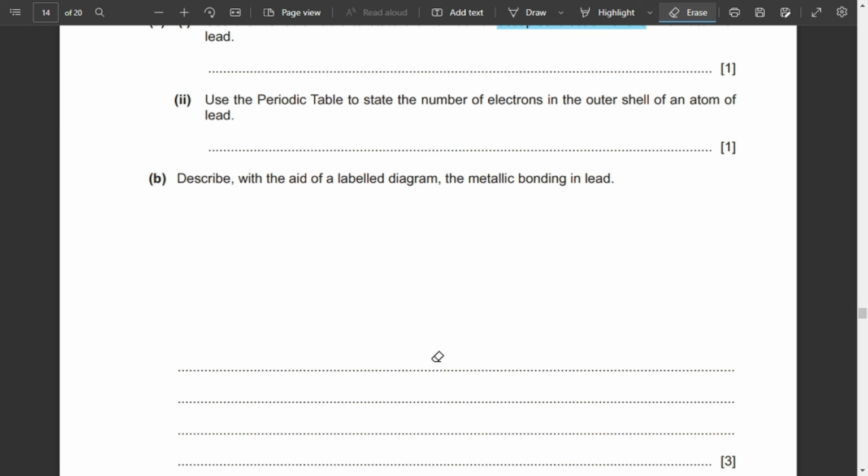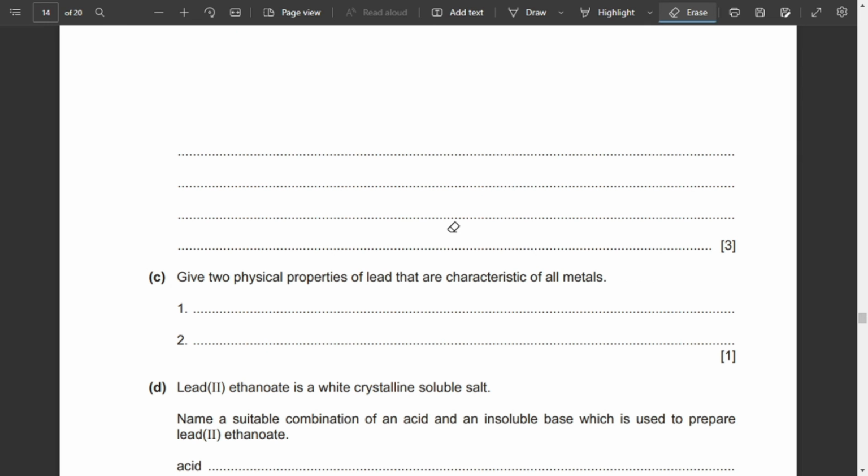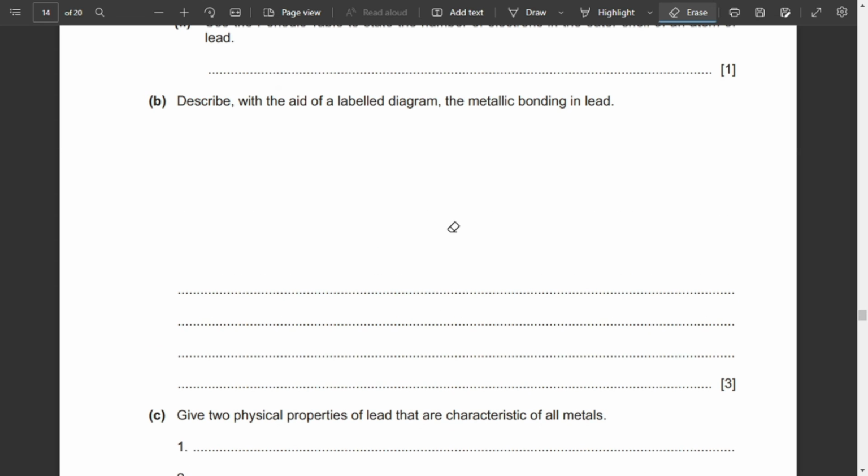Metallic bonding is the electrostatic force between the positive ions and the delocalized electrons. I hope you understand. You can draw positive ions and you can draw a sea of electrons around them. Pretty simple question. In case you want to know how to draw it, you can check out my previous videos of different years. I have drawn this several times.